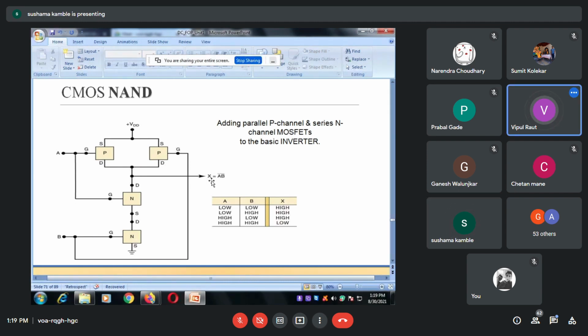The NMOS are connected to ground, they are on and they are in series. Both are on. That's why the drain is connected to the low voltage. That's why we are getting the output as low.